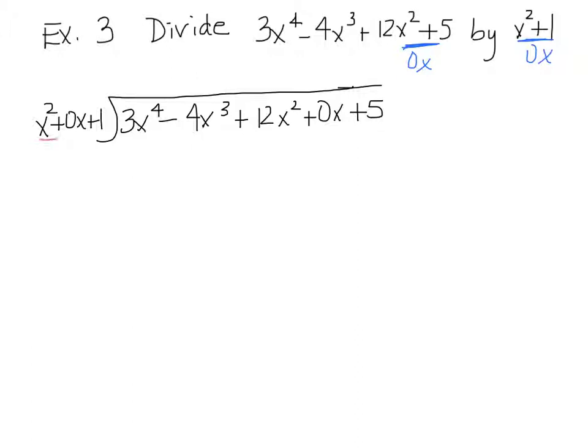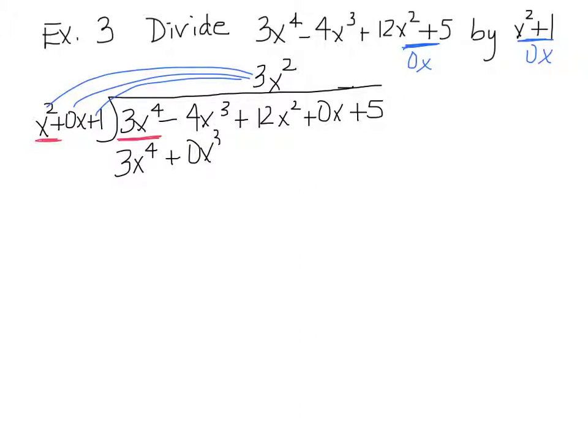Alright, so we're dividing x squared into 3x to the 4th. That would leave 3x squared. So make sure you line it up with the squares. Then I'm going to distribute to each of these 3 terms. So I get 3x to the 4th plus 0x cubed plus 3x squared.